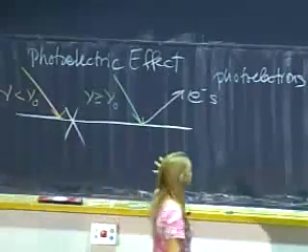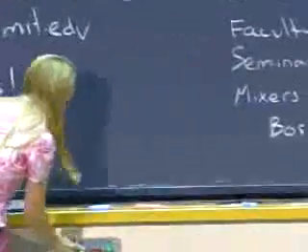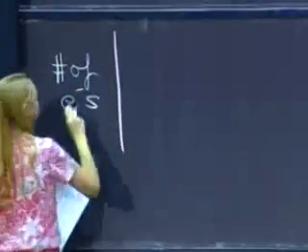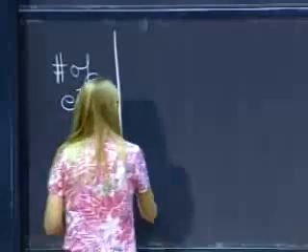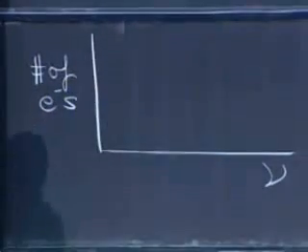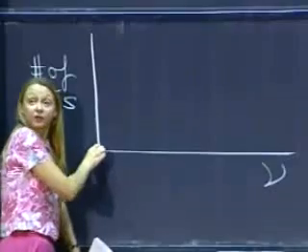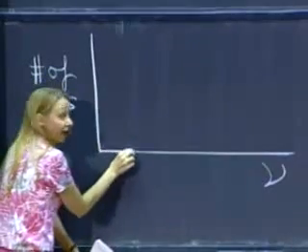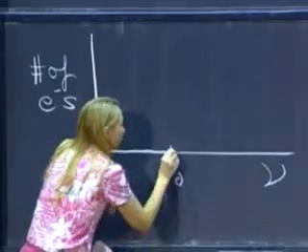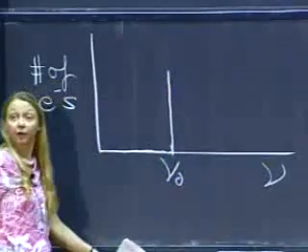Well, another way to understand that data, or that effect, is to just plot the number of electrons that come off as a function of the frequency of the radiation. And so at low frequency, there's no electrons, but then all of a sudden you get to nu naught, and then electrons start coming off.